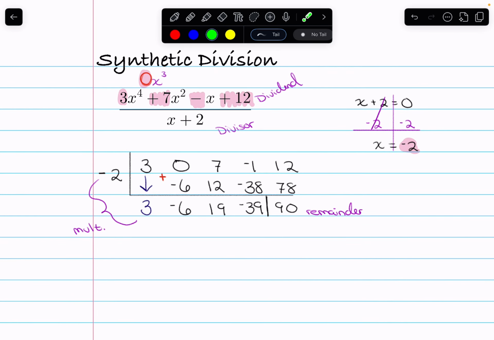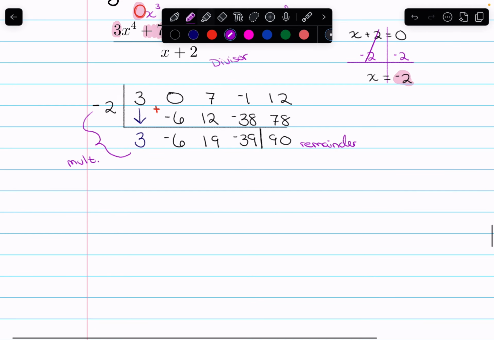When you are doing synthetic division, you are dividing off one x, so your answer is going to be one degree less than what you start with. Okay, we have an x to the fourth here. We're dividing off an x. That leaves x cubed. So our answer is going to start with x cubed. These are all of our coefficients. So your answer is going to come out like this. 3x cubed, and again, then we're going to count down.